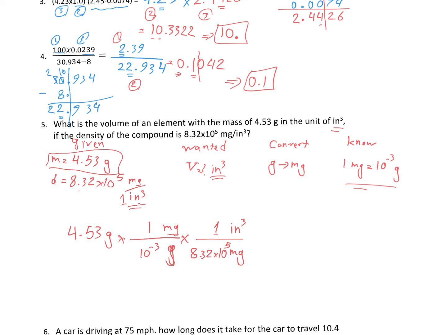So when I'm trying to get rid of the milligram, I should know that this number refers to the milligram, not the cubic inch, okay? So if I write it like this, for example, 8.32 times 10 to 5 cubic inch to milligram, that would give you a wrong answer, okay? Because this number milligram is in 1 cubic inch. You have to be careful with this, okay? So let me erase this.